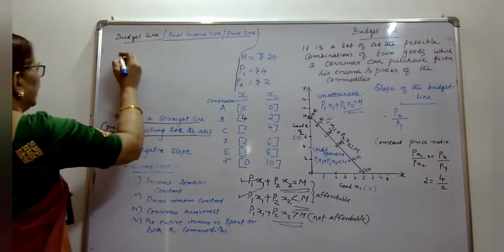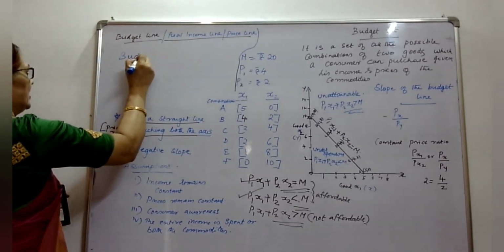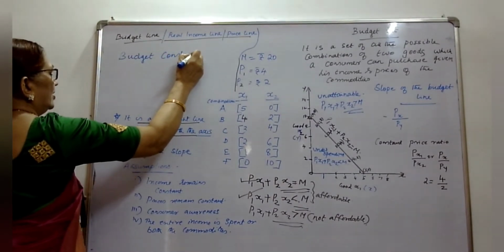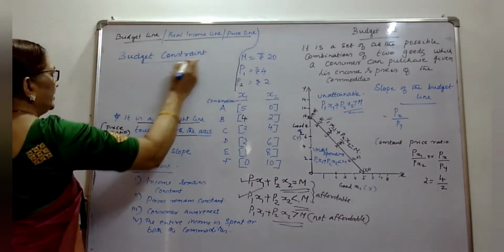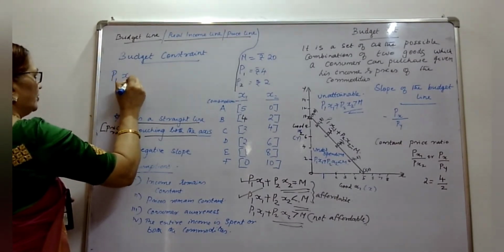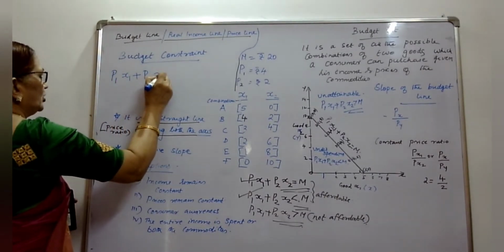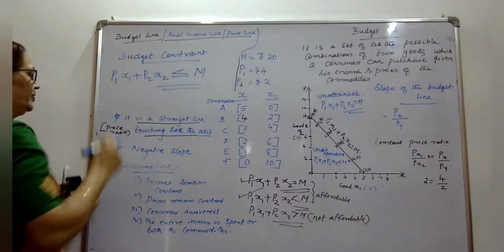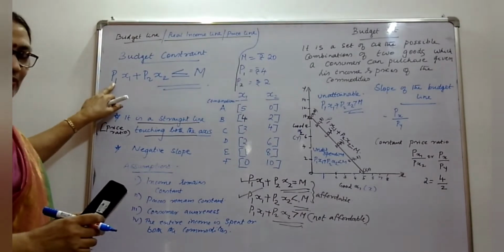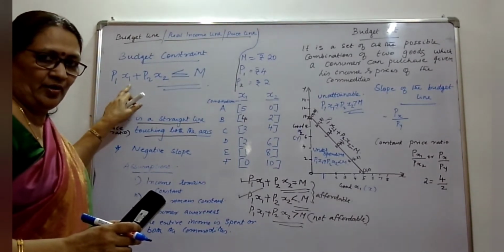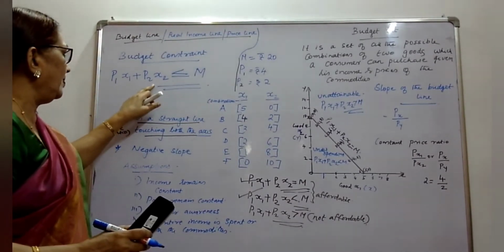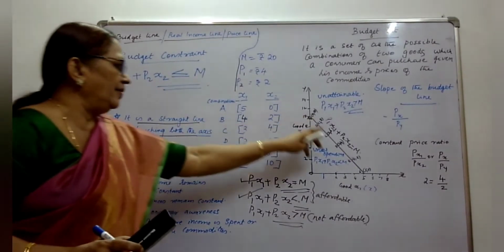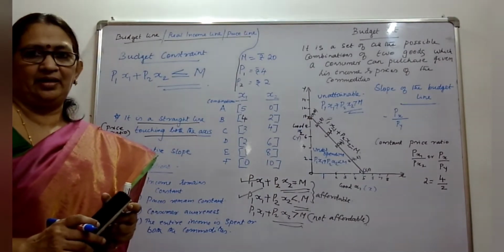So, he can purchase what? So, what is his budget constraint? The budget constraint equation is P1 x1 plus P2 x2 is less than or equal to M. He can purchase either price of the first commodity into quantity of that commodity plus price of the second commodity into quantity of the commodity, less than or equal to M. We have proved that.